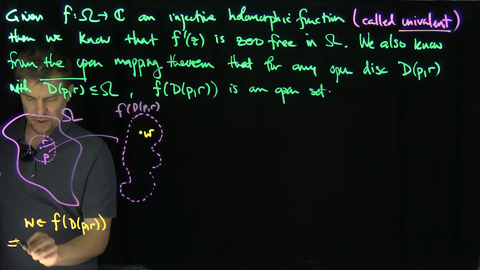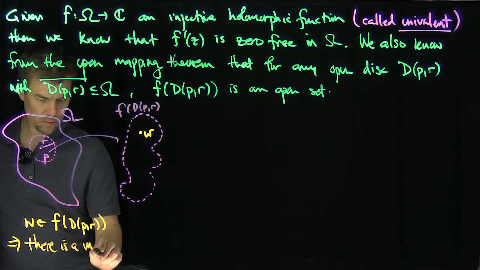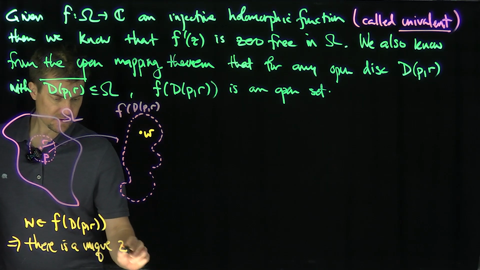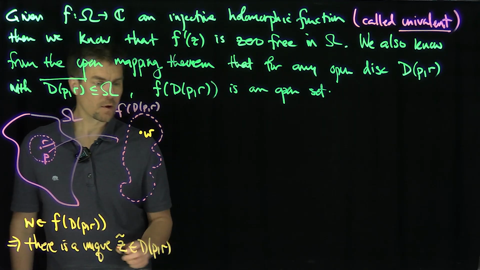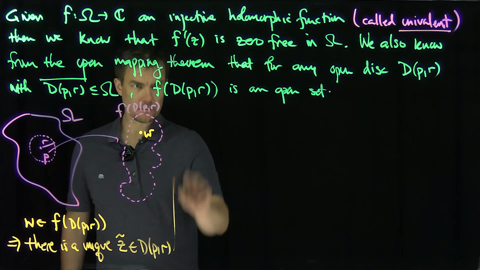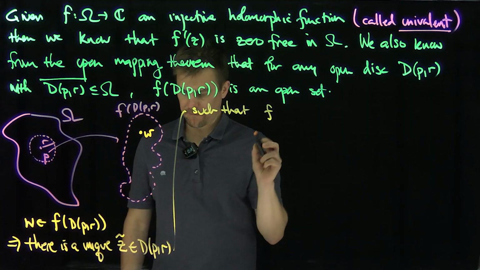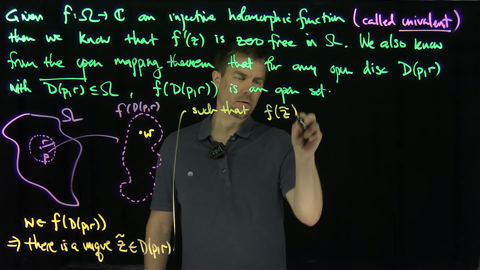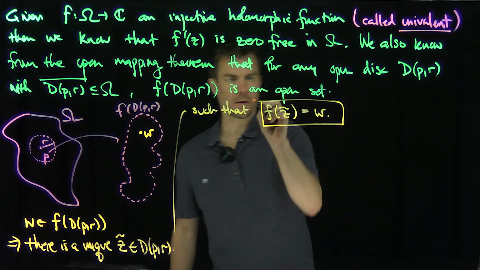This implies there exists a unique z tilde in D(P, r) such that f of z tilde is equal to w. This is an important feature.